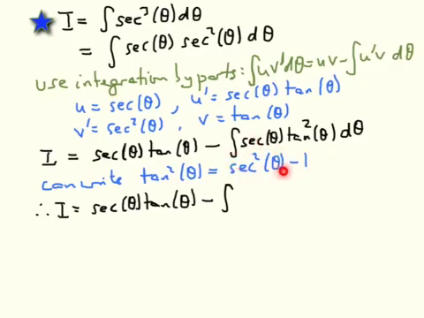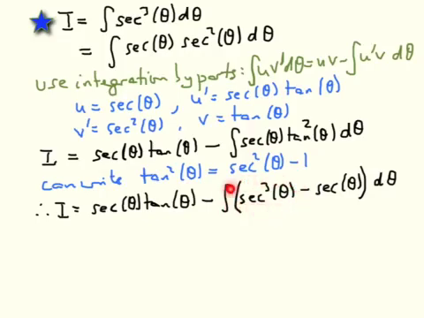Sec theta times sec squared theta is sec cubed theta minus sec theta, all integrated with respect to theta. I'll put brackets around all of this. So what we have here is an integral of a difference of two terms, or in other words, we have the integral of this minus the integral of this.